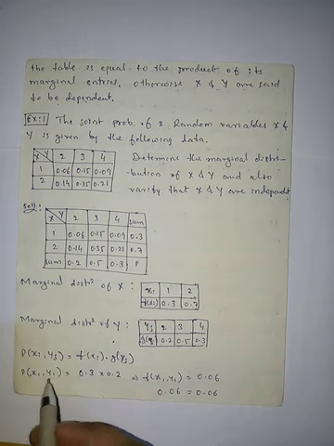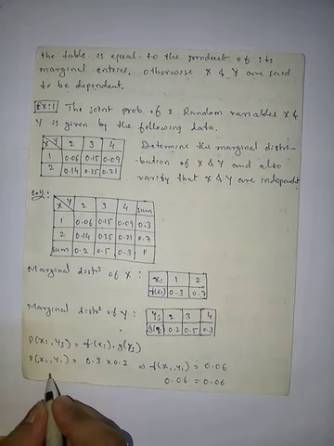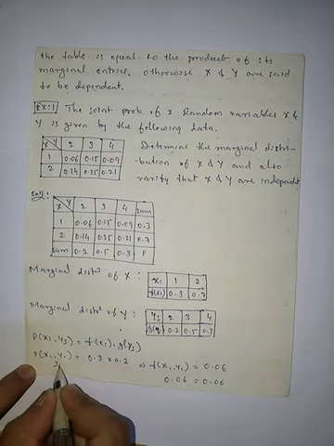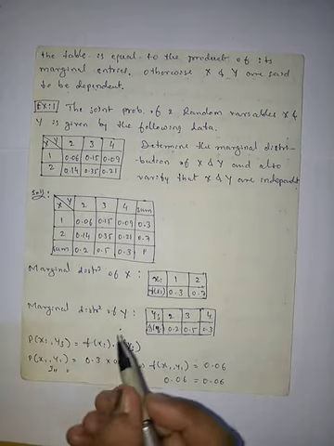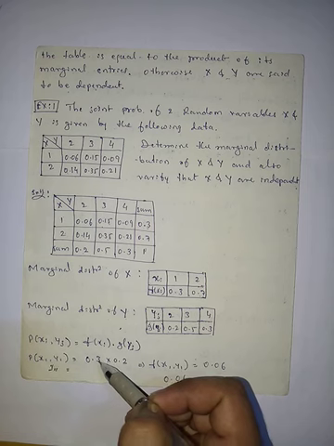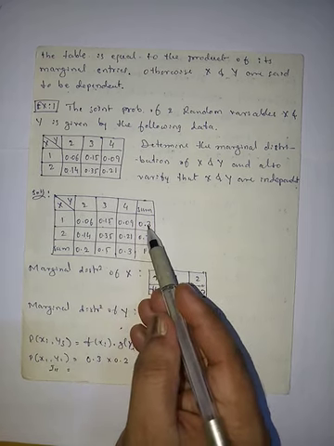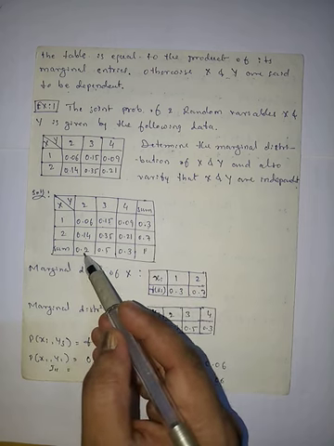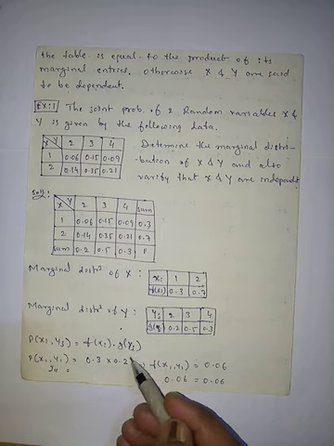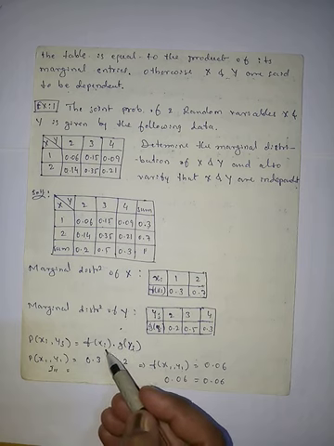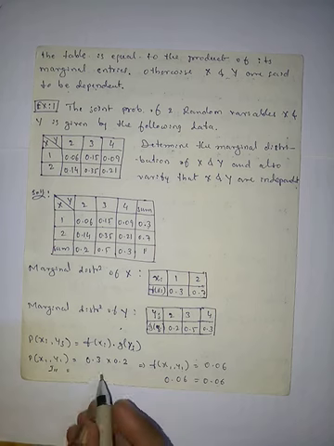So p of x1, y1, that is j11, should equal f of x1, which in the table is 0.3, times g of y1, which in the table is 0.2. I am taking i equal to 1 and j equal to 1, and this product is what?